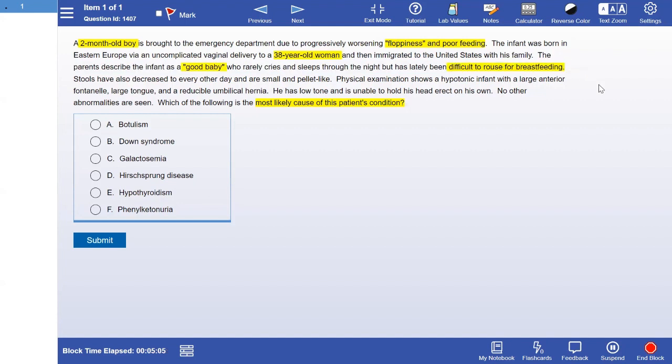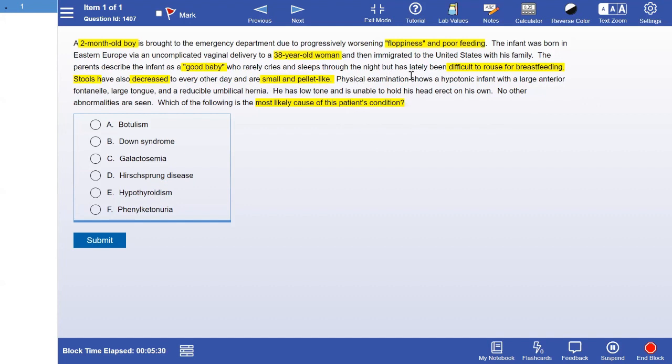So the baby is becoming floppy. Okay, the baby is becoming depressed. The stools have also decreased to every other day and are small and pellet-like. So this describes the change in the stools. These are like mouse stools, we say this, okay? And these are the typical features of constipation.